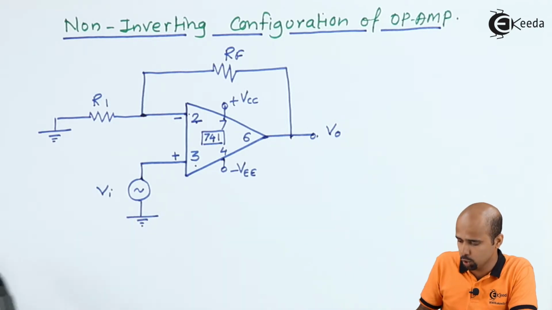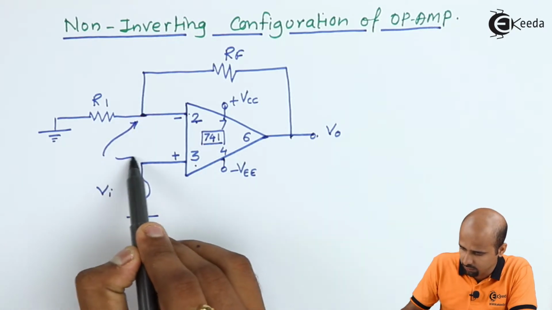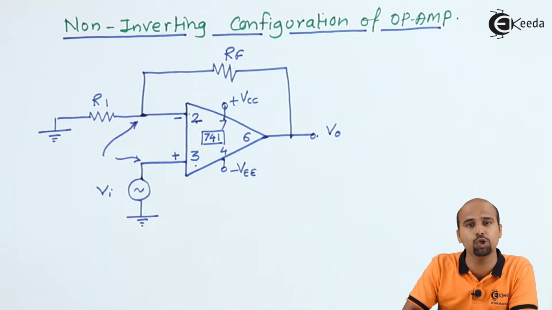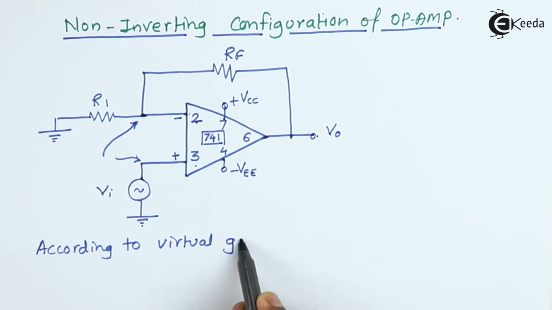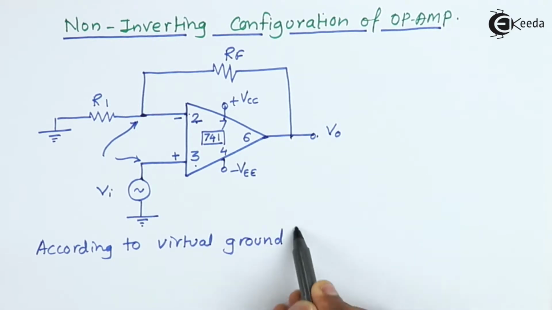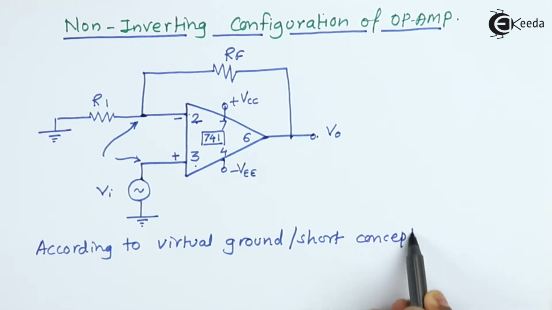Then we will do the analysis considering the fact that we know the virtual ground concept. If you don't know the virtual ground concept, then follow the link mentioned below for the virtual ground concept video. We will write here according to virtual ground or short concept.